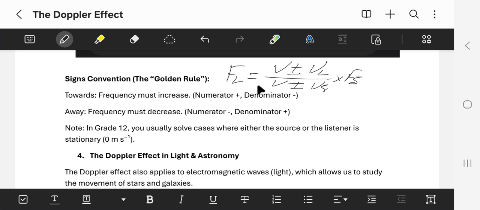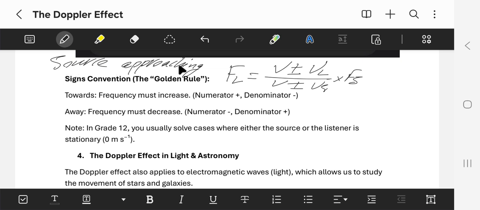Okay, but this is how you choose your signs. I usually make reference to my velocity of a listener. I also make reference to the moving and moving away of my source. That's how I choose my signs. So this is how we choose our signs, guys. Let's say we have the source approaching. Let me write here, source approaching. So if we have the source approaching, this means that when we choose our signs, we will then say that the velocity of the listener is positive.